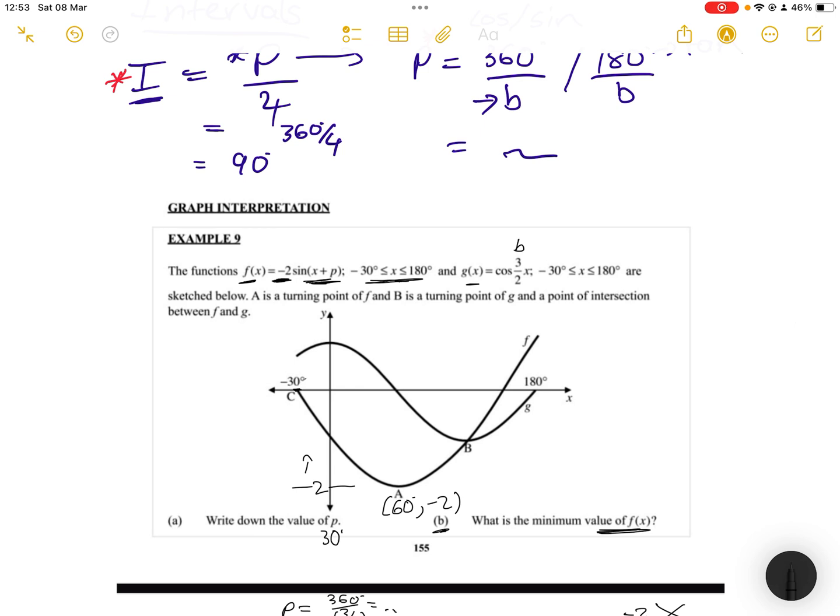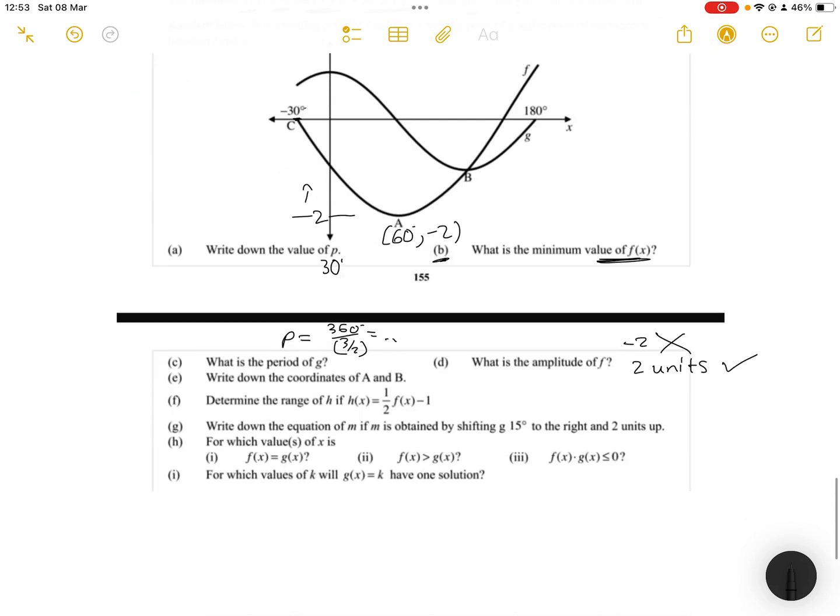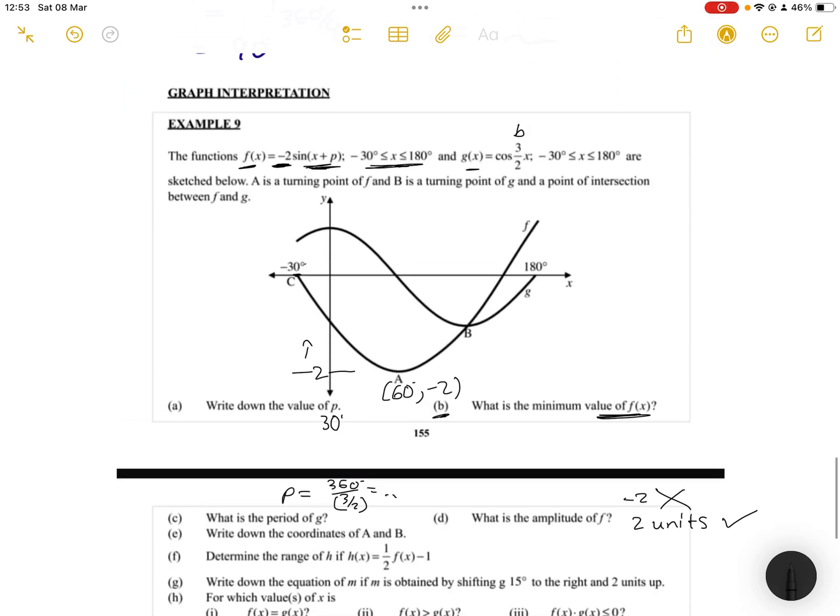So the way that you're gonna determine the coordinates of B, remember the maximum did not change, the minimum did not change. Here it's the minimum of cos. The minimum did not change, so it's still gonna be what? It's still gonna be -1.